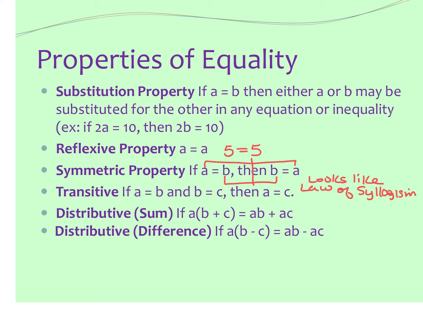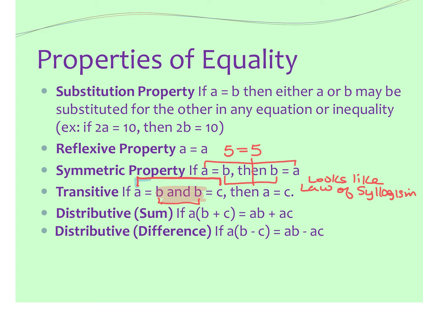Because if you think about it, notice these B's: if A equals B and B equals C, then A equals C. So just like with the syllogism, these two B's are going to blend together or cancel out, and then you can conclude that the beginning equals the end. So then you could say that A equals C. So it's sort of like the law of syllogism.